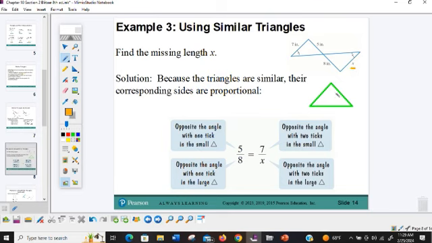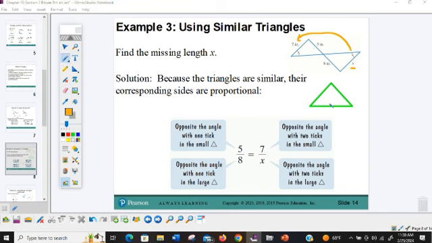Now, these are similar triangles. So what I want you to imagine is putting them in the same spot, okay? They tell you that this angle equals that one. If I were to take this triangle and rotate it around so that they matched, I would have this triangle. So I just took this triangle and I flipped it a little bit. We want it to look like the other one to make this an easier problem.